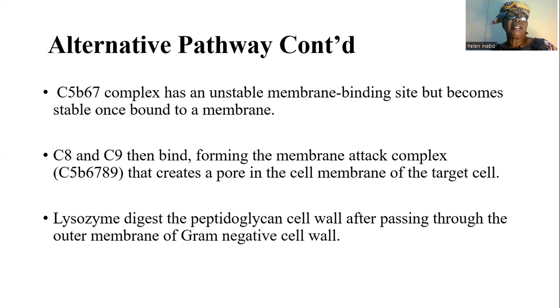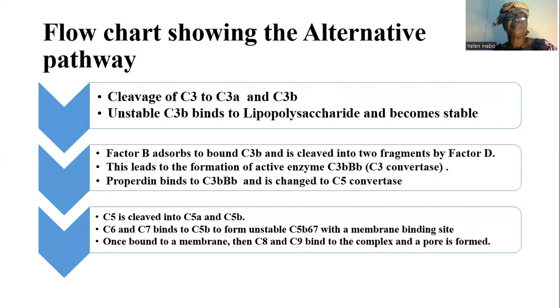Then C8 and C9 bind, forming the membrane attack complex, which creates a hole in the cell membrane of the target cell. Now, lysozyme is known to move in through the peptidoglycan cell wall after passing through the outer membrane of the gram-negative cell wall.